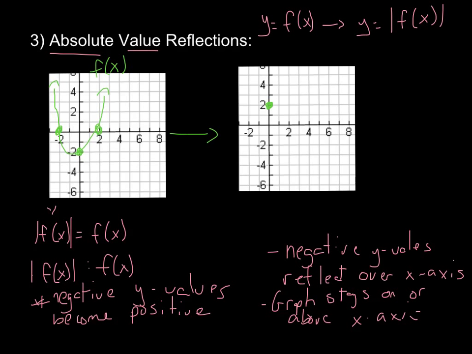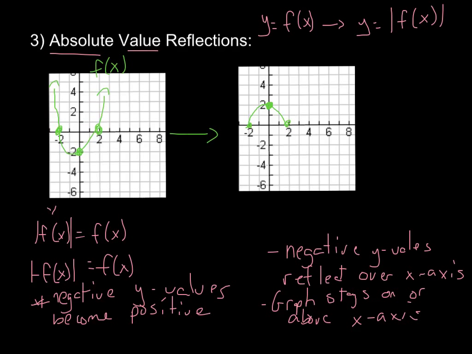So this little section of the parabola that's below the x-axis is now going to be above the x-axis. Watch this. And everything that was already above the x-axis, this part right here, none of it changes because those y values are already positive.